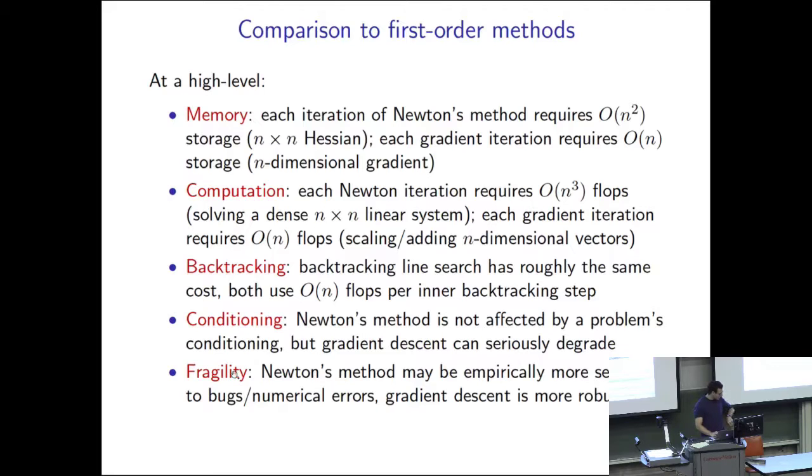The last thing on this comparison is fragility. This is only a semi-rigorous claim. I'm making this based on experience and also on a budding literature to this effect, that gradient descent is more robust to numerical errors.